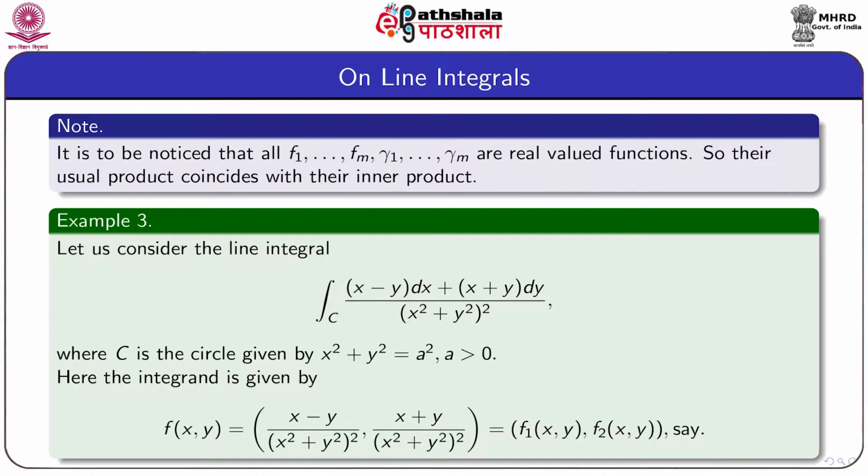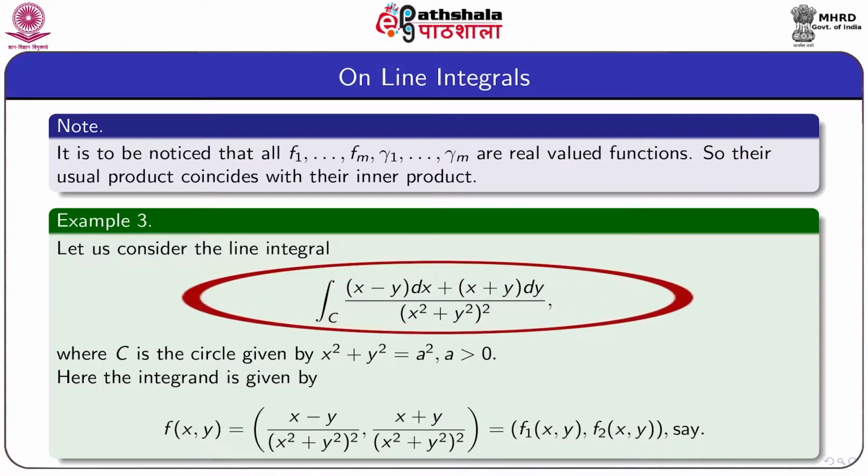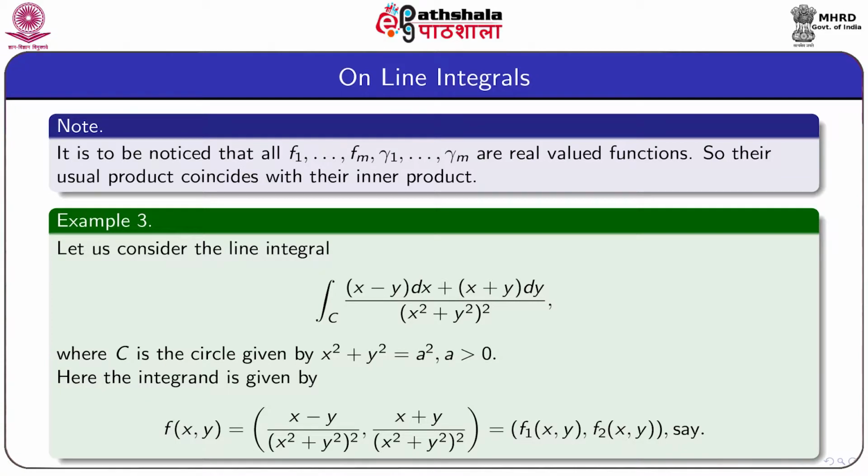Let C be the circle given by x square plus y square equal to a square, where a is a positive number, and we consider the line integral over C of (x minus y) dx plus (x plus y) dy divided by (x square plus y square) whole square. So, we want to write it in the above form.